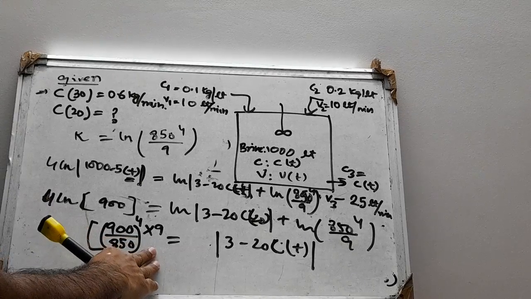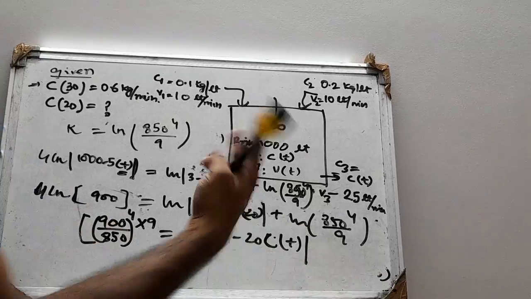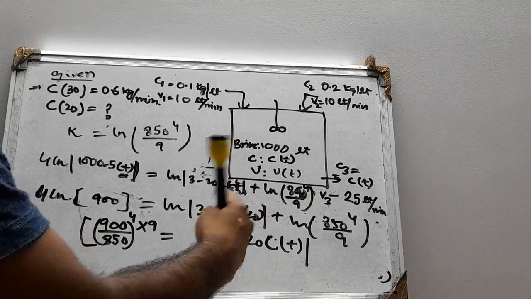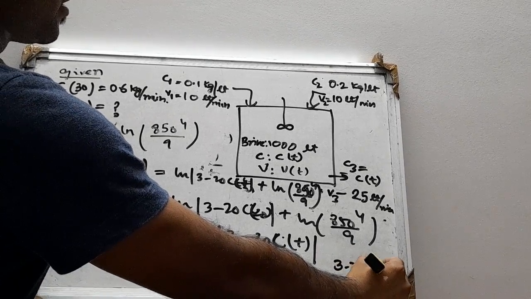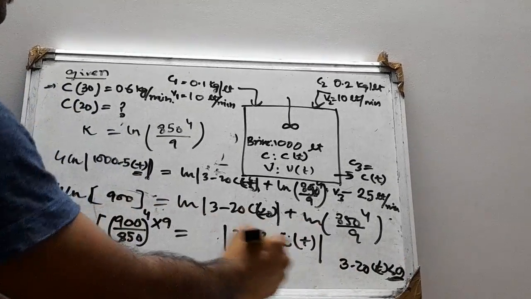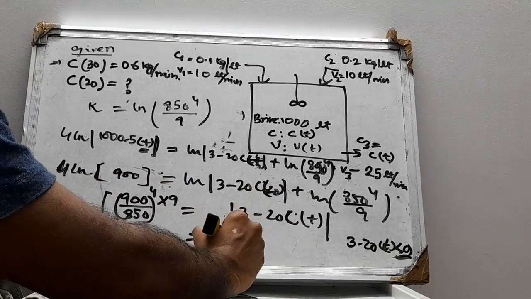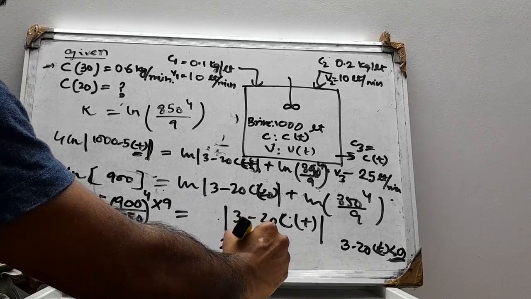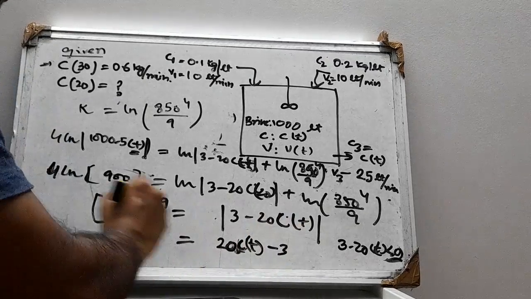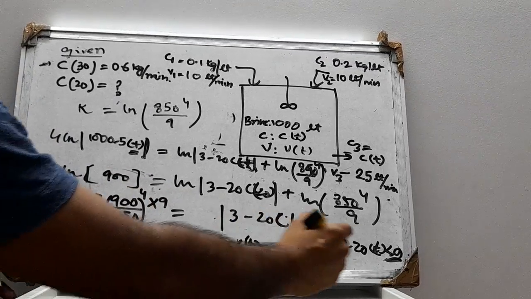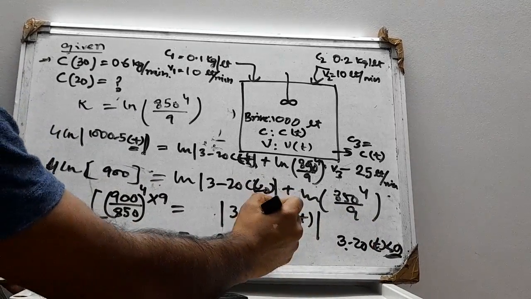And this is a positive number, and for this to be positive, because CT has to be positive, the value inside the mod should be less than 0, then only will this be positive. So this will become 20 CT minus 3 equal to this number, because the negative of this is greater than 0, or this is less than 0.